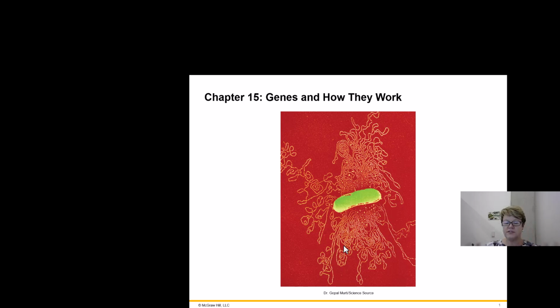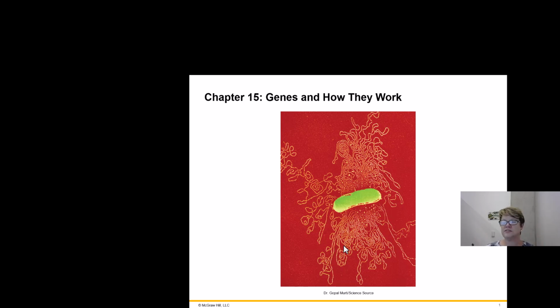So even though every cell contains all the instructions for making everything in the body, each tissue type only expresses a subset of those genes, and that's what creates the phenotype differences for all the tissues.